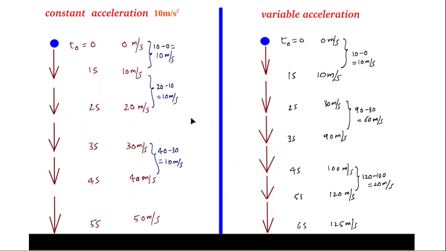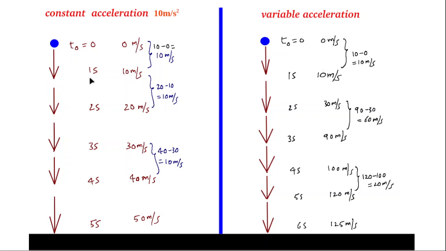Next, the same thing is explained here. Now you see here the two cases. One is constant acceleration and another is variable acceleration. In the constant acceleration case, whenever time increases by 1 second, the velocity increases by 10 meters per second. See that at t equal to 0 seconds, the velocity is 0 meters per second.